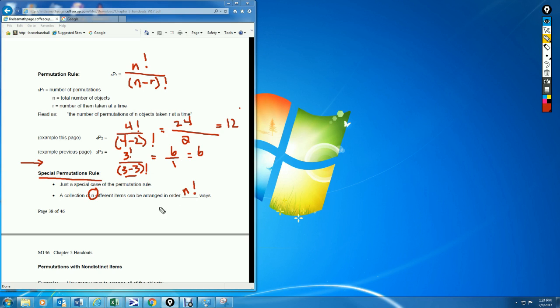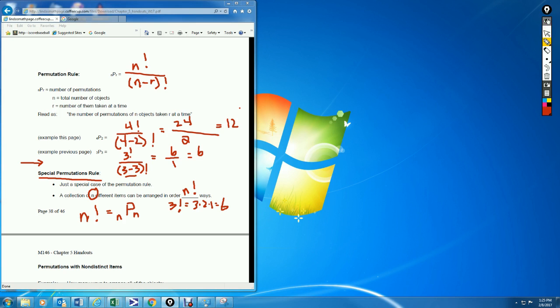For the letters A, B, and C, there were 3 letters, so we can arrange them in 3 factorial ways, which is 3 times 2 times 1, which is 6. And when you say n factorial, that is equivalent to saying n items permutation n ways. You've got n items and you're arranging all of them.